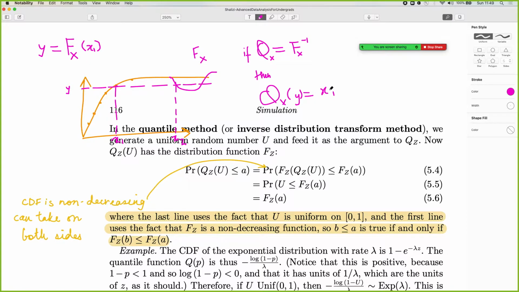But now if you don't have this non-decreasing and this thing later, okay, I should again switch colors.